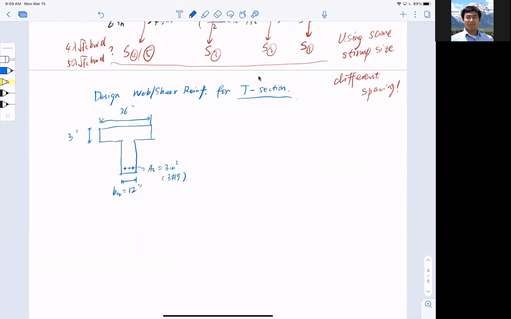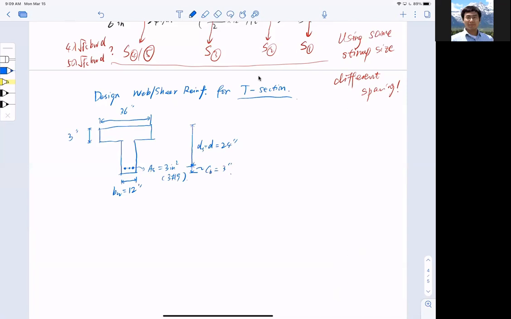The total height of the beam is d, and you notice d is equal to 24 inches. And the concrete cover here is equal to 3 inches, this you see at the bottom.